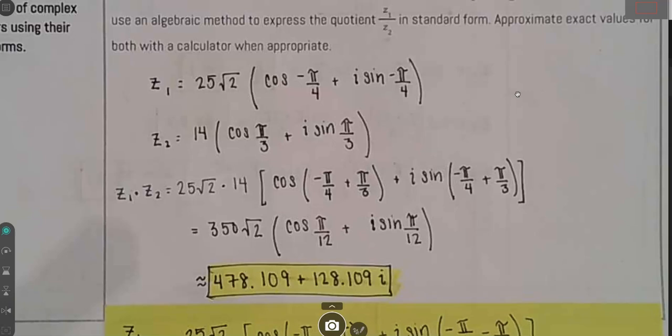Yes. Good job. Oh, sorry. It's not right. I'm not sure what went wrong. What'd you get for your... Did you get negative 7 pi over 12?